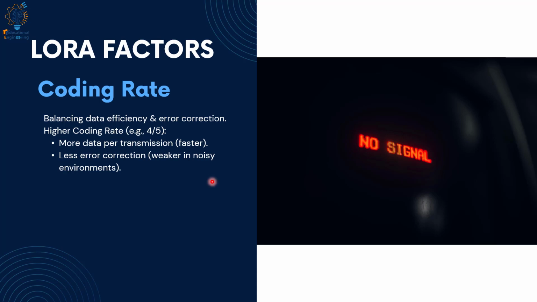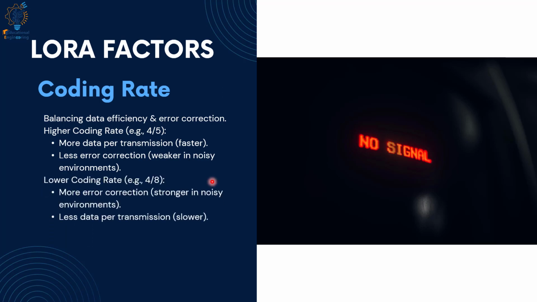For the lower coding rate, like 4/8, the pros are the stronger error correction. There are more redundant bits included for error detection and correction, which make the data transmission more robust in situations with potential interference or noise. The cons of it are less information per transmission.